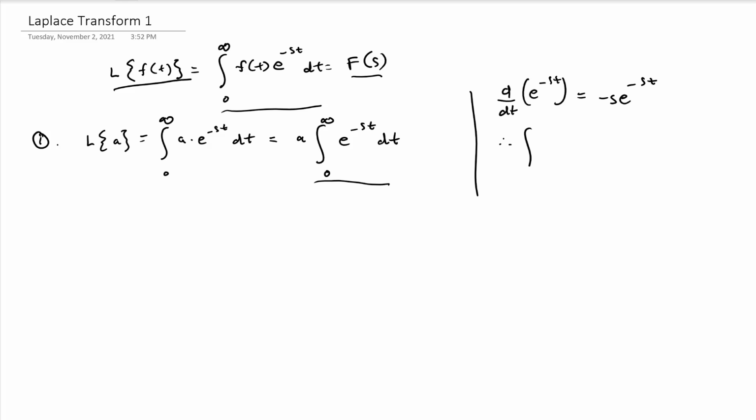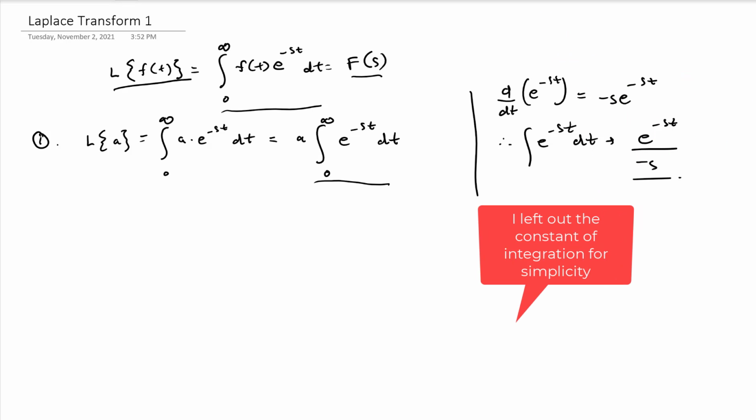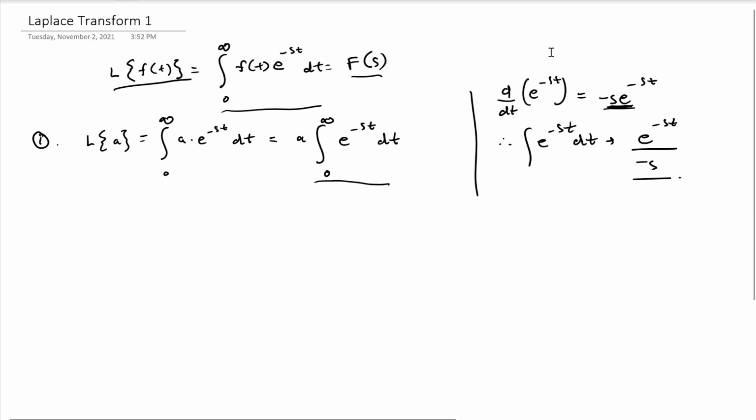Therefore, the integral of e to the minus s t dt is going to be e to the minus s t all over minus s, where in the derivative we multiplied by minus s, and to counter that in integration we divide by minus s.